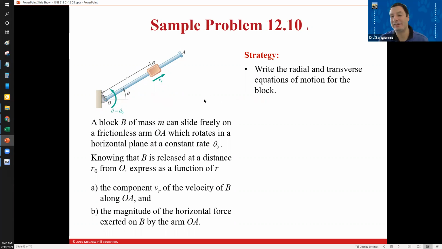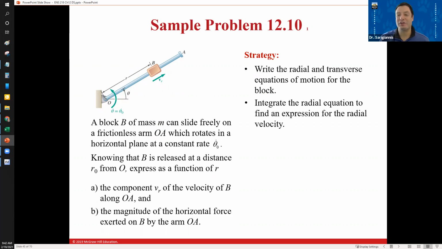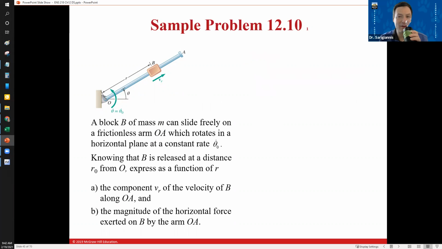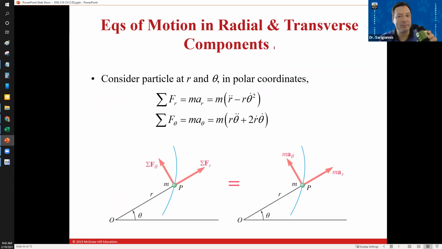We're going to write this out in radial and transverse equations. You're going to see you basically have to integrate the radial equation to get the radial velocity, because if we go back for a minute, in the radial equation we've got a second derivative here.